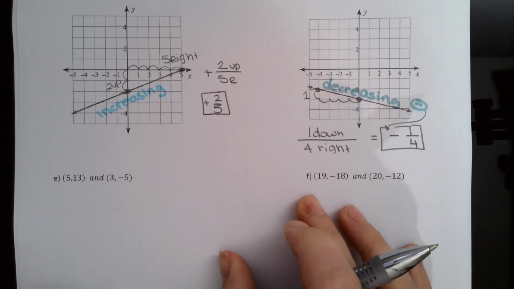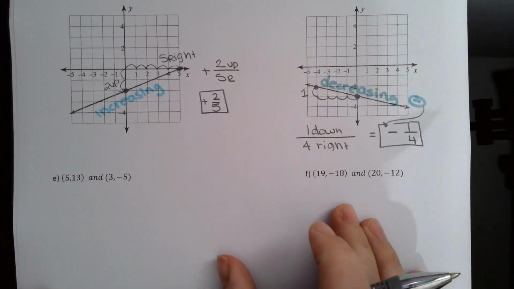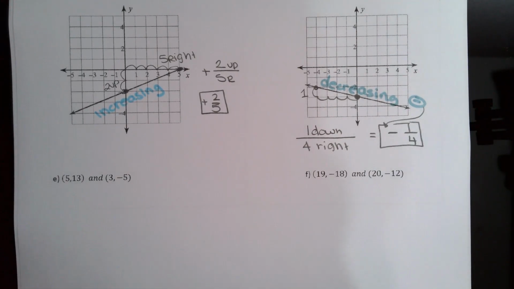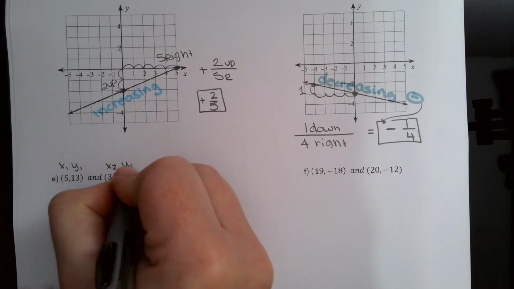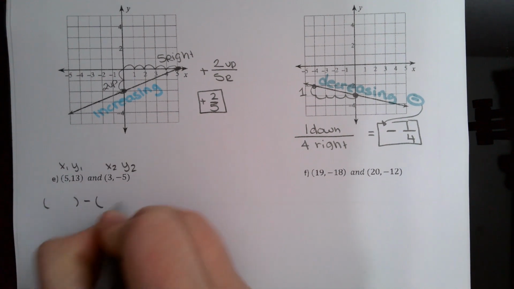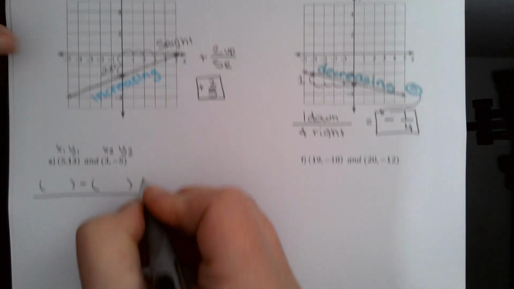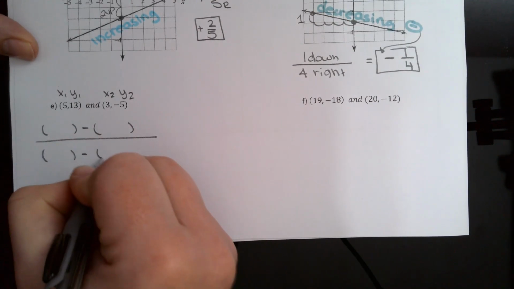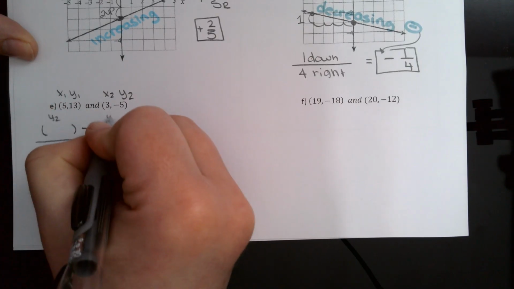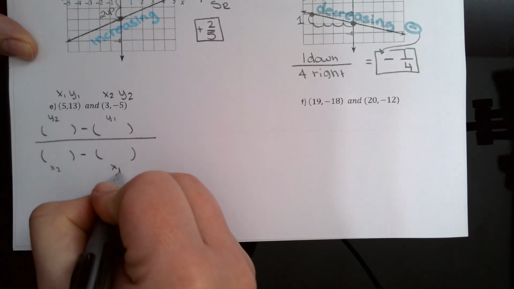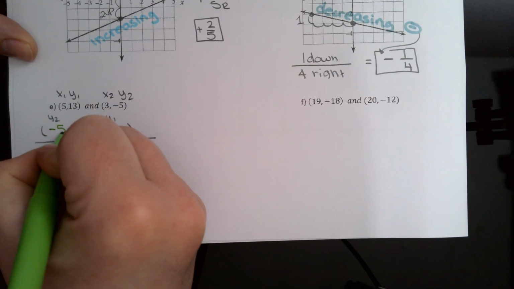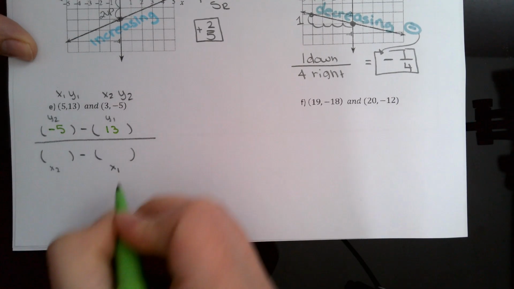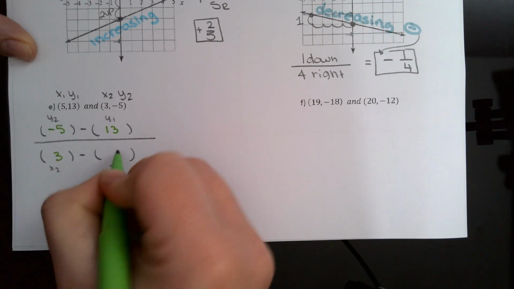Now here are 2 points, and it's still asking us to find slope. Let's label. This is kind of similar to how we did point slope form. We are just going to find slope, and then that's it. Here's our slope formula. y2, y1, x2, x1. y2 is -5, y1 is 13, x2 is 3, x1 is 5.